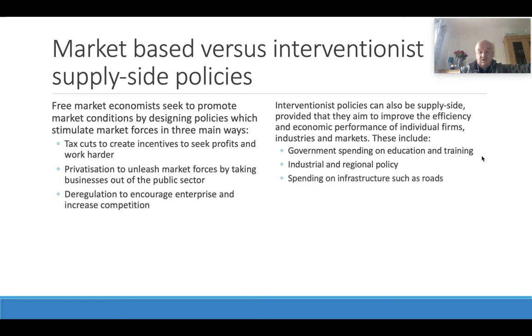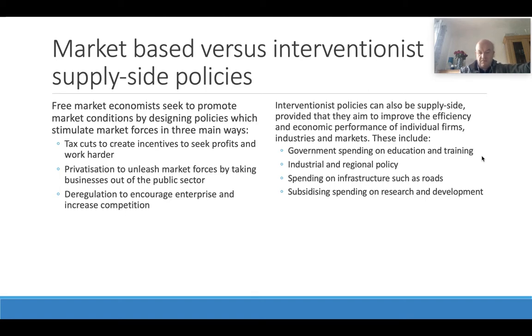Clearly, spending money on infrastructure such as roads, transport, communications, all designed to try to make it easier for businesses to do business and also for individuals to be able to become mobile and find decent work in different parts of the world.